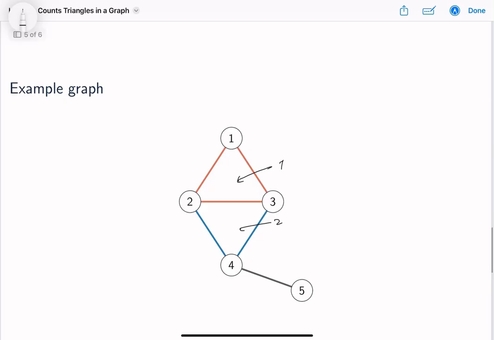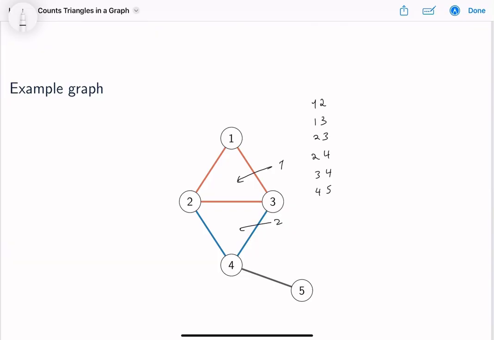So what are the edges here? The edges are between 1 and 2, 1 and 3, 2 and 3, 2 and 4, 3 and 4, and 4 and 5. So these are the edges that we have, okay?